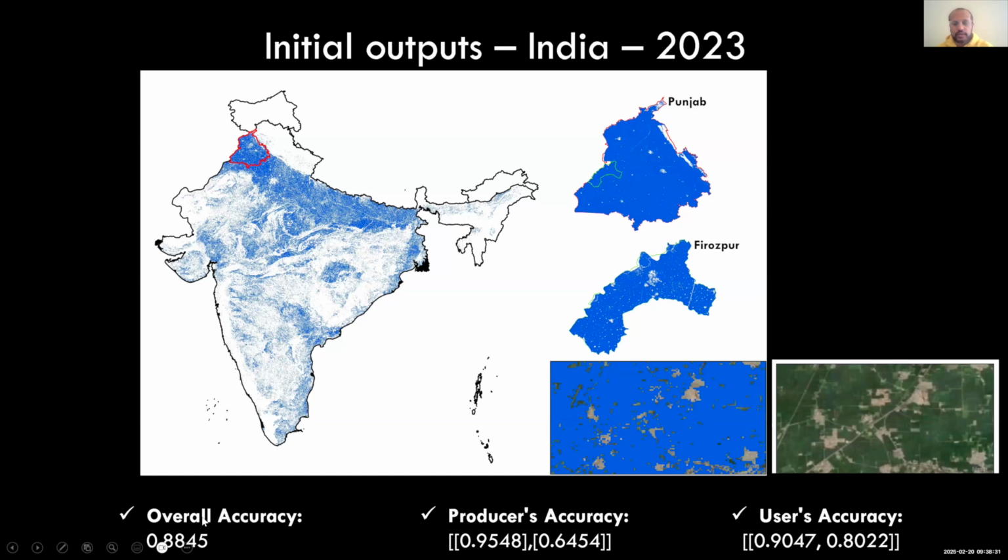The producer accuracy for non-irrigated area might be lower compared to the western United States, because India has a wide range of agroecological zones, and we're still working on improving that accuracy.